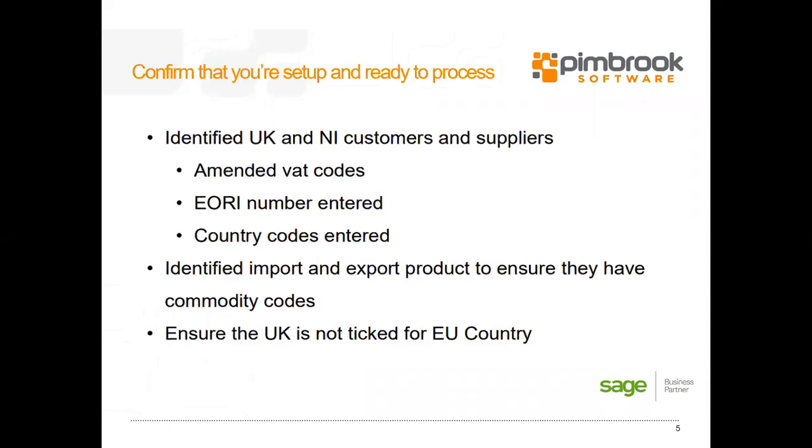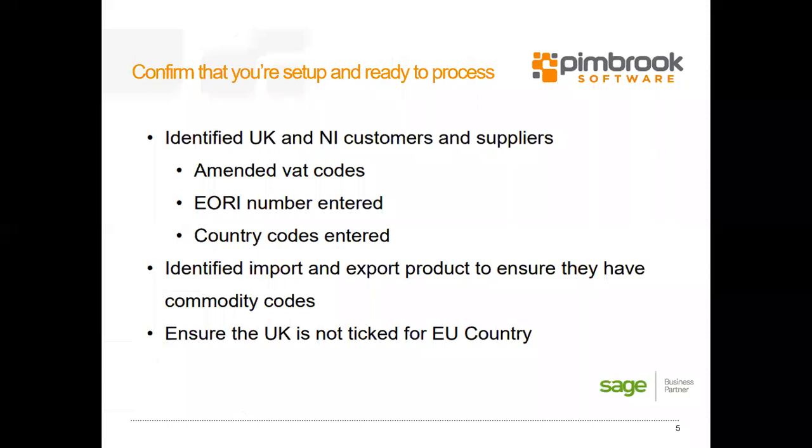Once you run the software installation, you convert your company. Again, the regional settings must be set up correctly. Some of the things you have to go into the software to check are as follows. You need to identify your UK and Northern Ireland customers and suppliers, amend their VAT codes, and enter the EORI number. The country codes need to be changed.